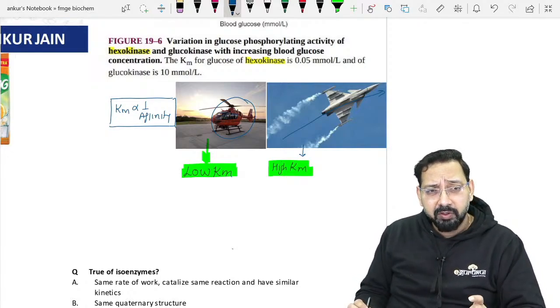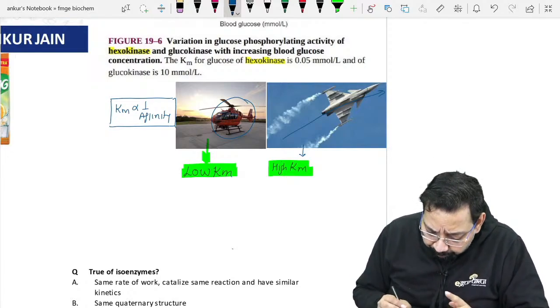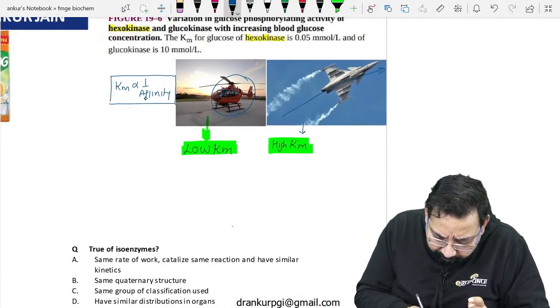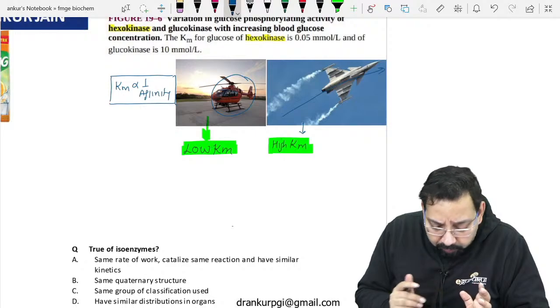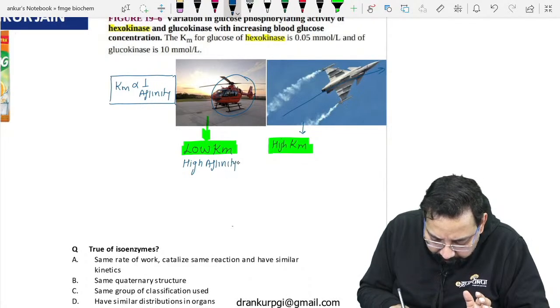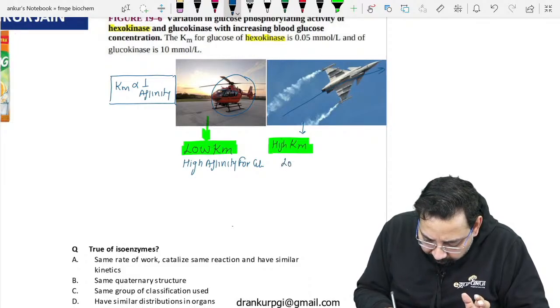It will help us recall and revise. So low Km, high Km; affinity is inversely proportional to Km. Low Km means high affinity for glucose. High Km means low affinity.